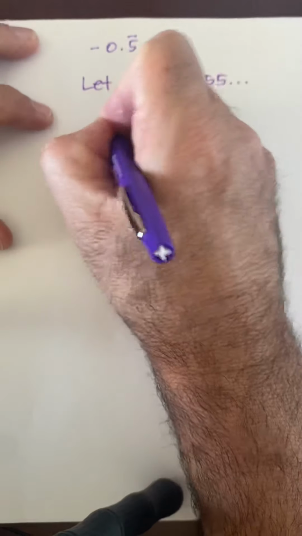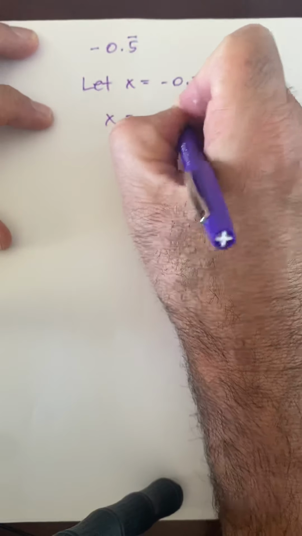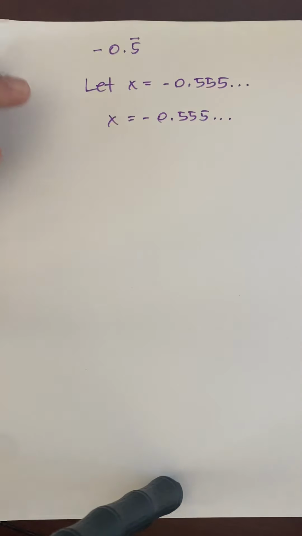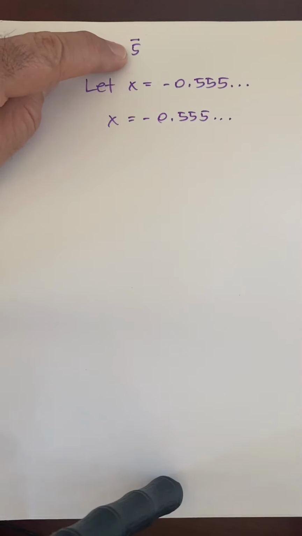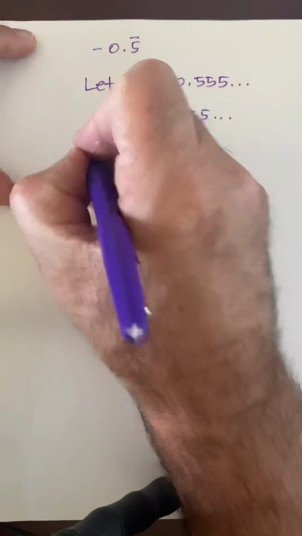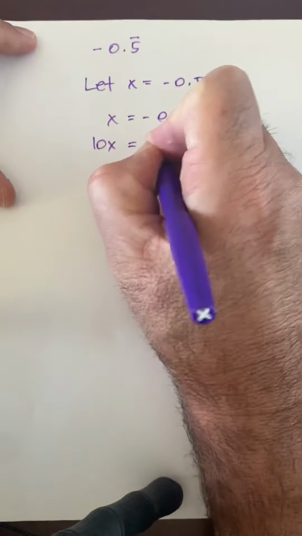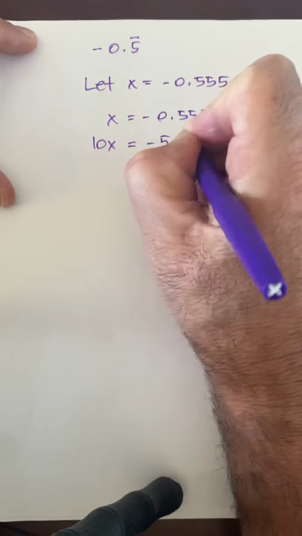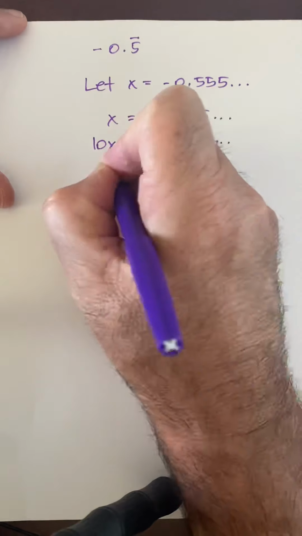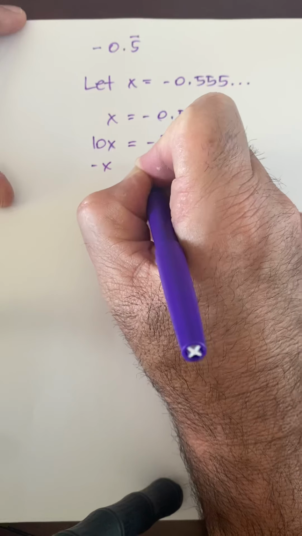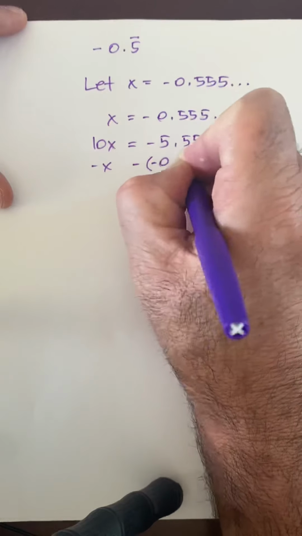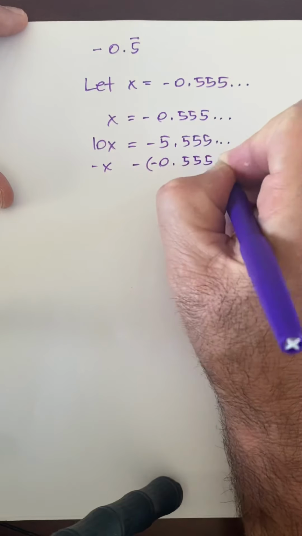I write my equation, and I start solving. Because there is one digit repeating, I'm going to multiply both sides by 10. So this turns into 10x. This turns into negative 5.555 repeating. Subtract x here. Subtract the repeating part here. Now be careful with that negative.